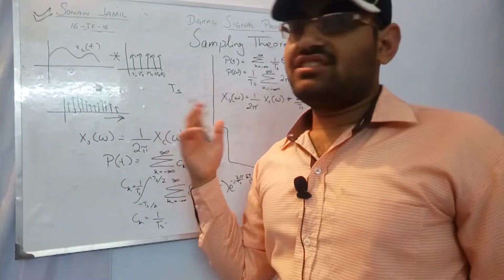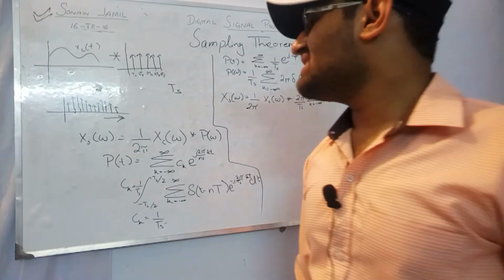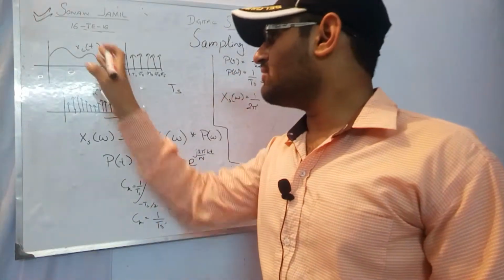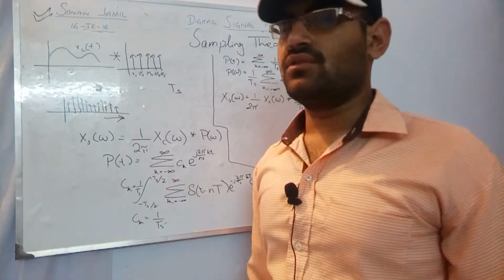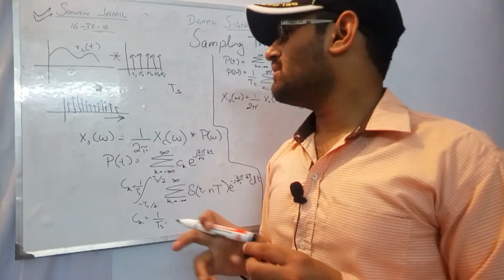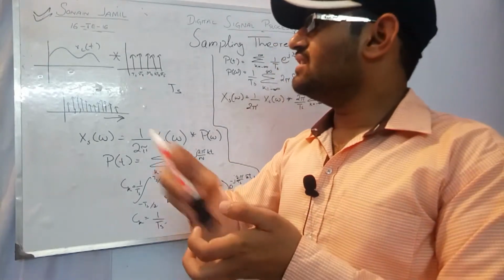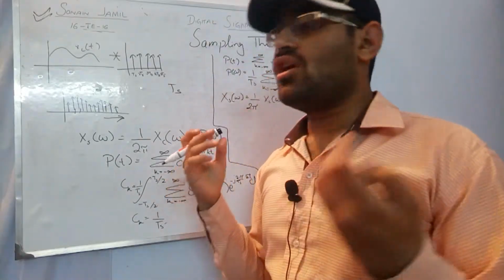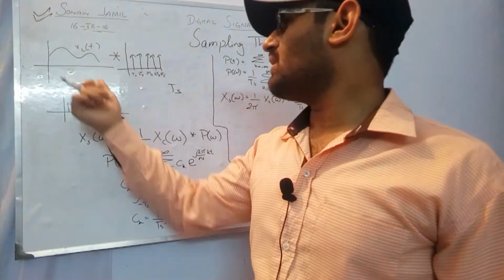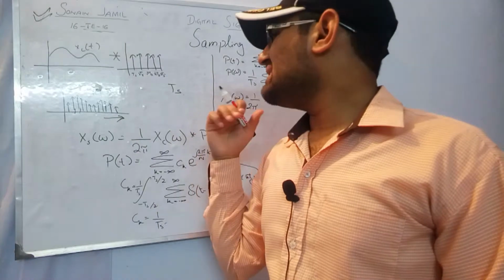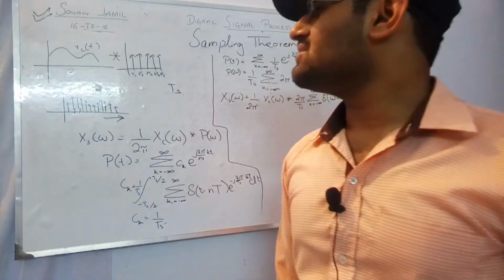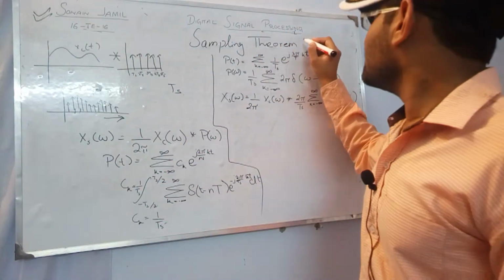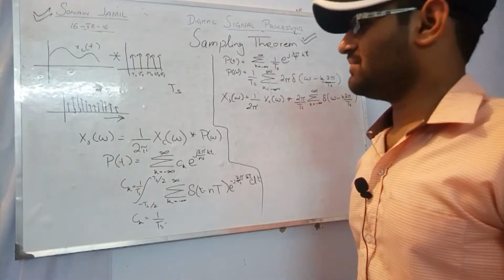What should be the sampling time? What should be the sampling frequency to convert this signal into this form, or to sample this signal, and how many samples do we have? All these questions are answered by the sampling theorem.